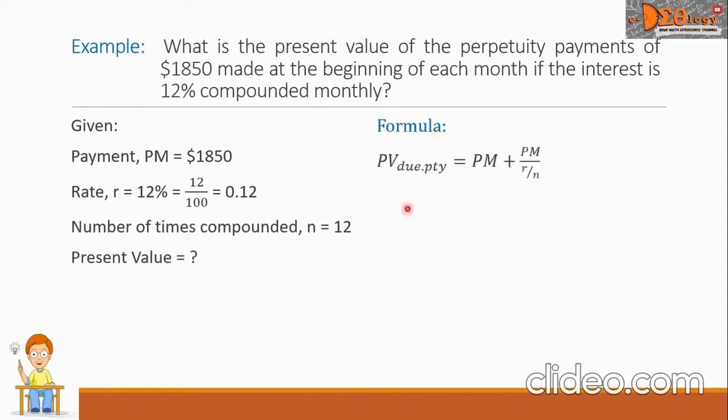Let us write our formula here, and let us start the substitution.